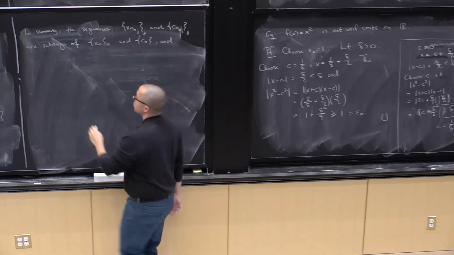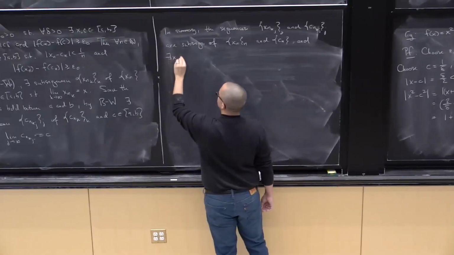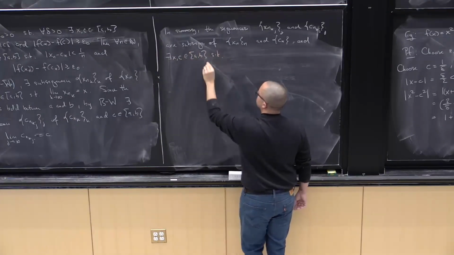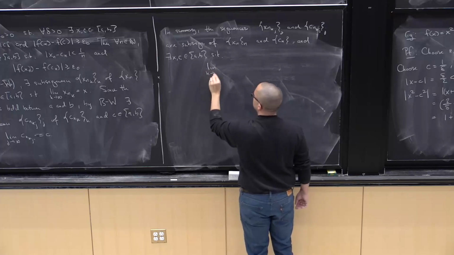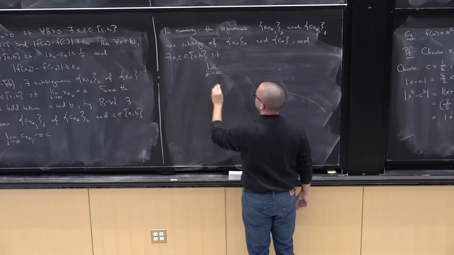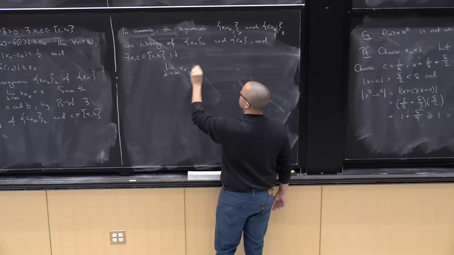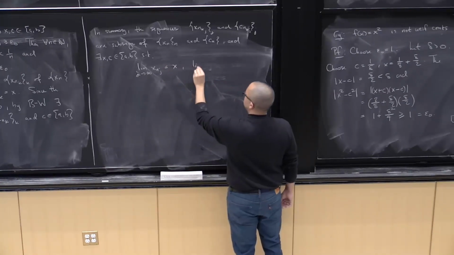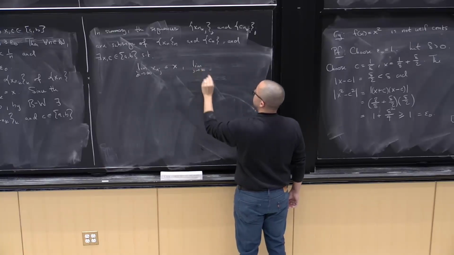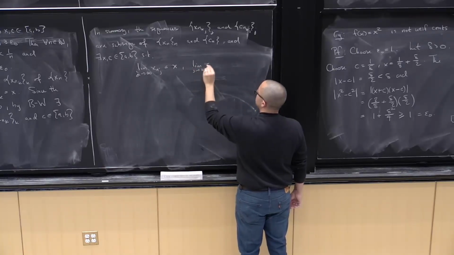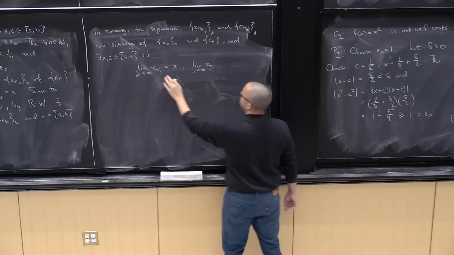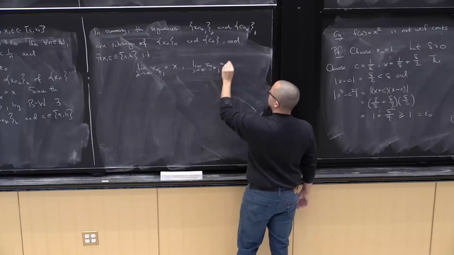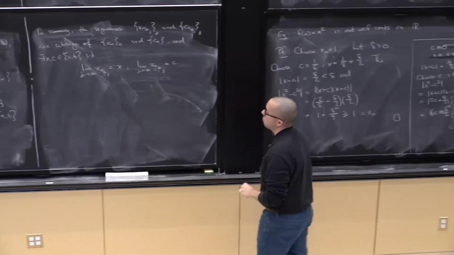And there exist x and c in [a,b] such that the limit as j goes to infinity of x_{n_{k_j}} equals x, and the limit as j goes to infinity of c_{n_{k_j}} equals c. Okay?